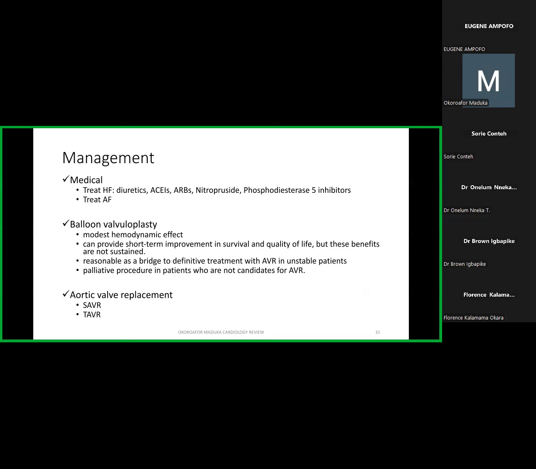But these benefits are usually not sustained. The aortic valve replacement is the standard of treatment in a patient that meets the indication. And it could be surgical or through transcatheter aortic valve replacement.